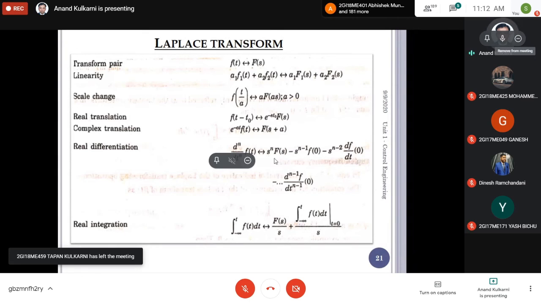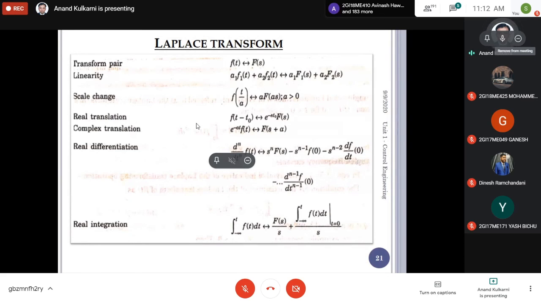That means if you take a Laplace transform of a differentiation, the order of the differentiation becomes the power of s. If it is a first order differentiation, that is d by dt of f of t, the Laplace transform becomes s into f of s. Whereas if it is d square f of t by dt square, then it becomes s square f of s.